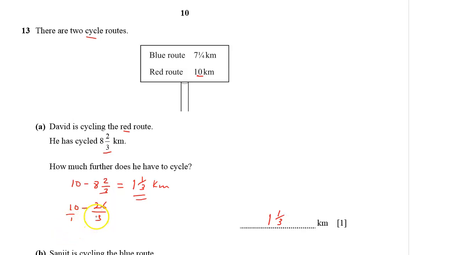The LCM between 3 and 1 is 3. 3 divided by 3 is 1, 1 times 26 gives us 26. 3 divided by 1 is 3, 3 times 10 gives us 30. Therefore, 30 minus 26 gives us 4/3. And 4/3 as a mixed fraction is 1⅓. What you've gotten right there.